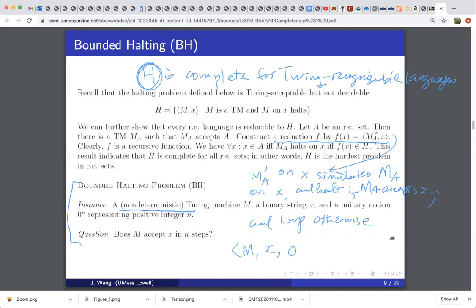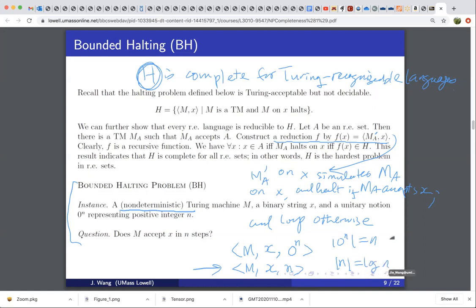Now, this is in unary notation. So that means that this 0 to the n just means integer n, so that the length of it is n itself, right? We don't want binary, because if you do this, then the length of n is log n.